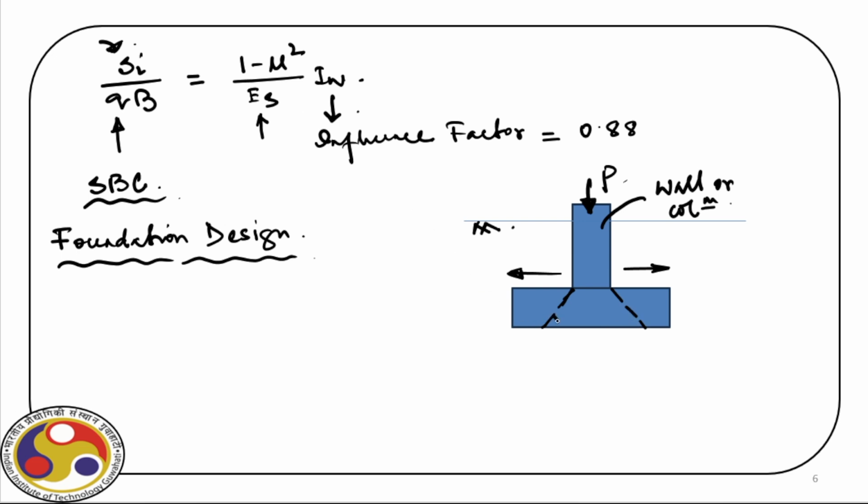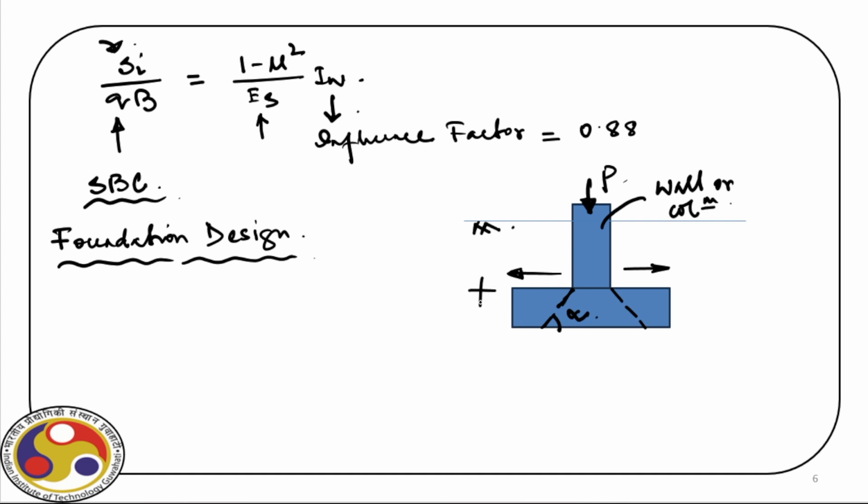And this alpha, the angle, is important. We'll see what the provisions given by Indian Standard Code are in a minute. But two things for sure: the load coming from the superstructure is distributed over a wider area. That is the first point to be noted.